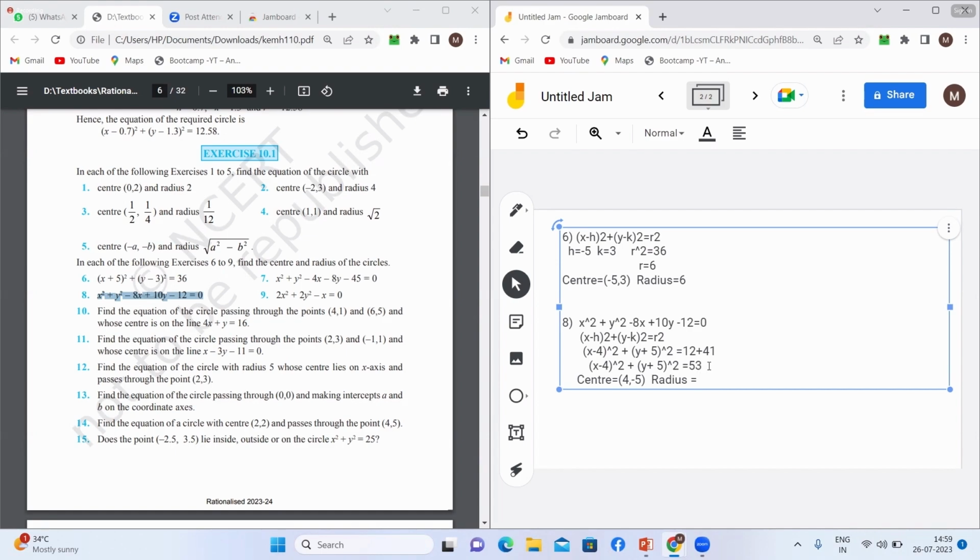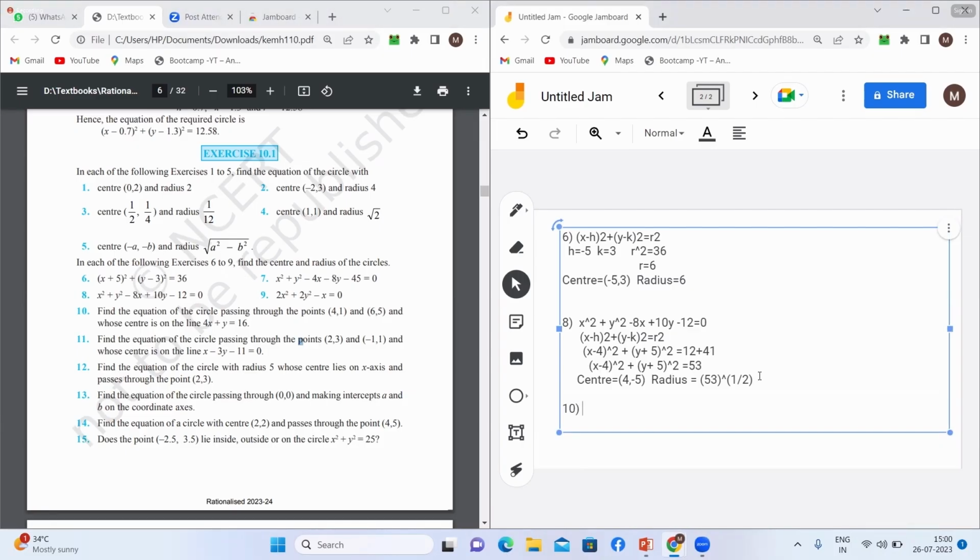Okay, root 53. So we have done question number 8 also. In the similar way, you can do question number 7. So let's move to the next question, question number 10.